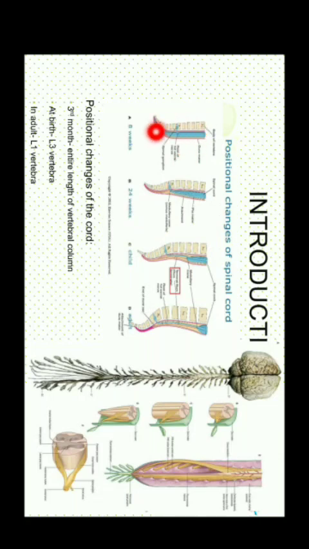You can see in this picture, the spinal cord has occupied the entire length of the vertebral column. At birth, it occupies around L3 vertebra, and in the adult it goes around L1 vertebra. It means as the vertebral column increases in length, the spinal cord does not increase to that extent.